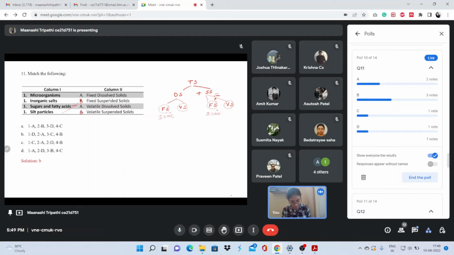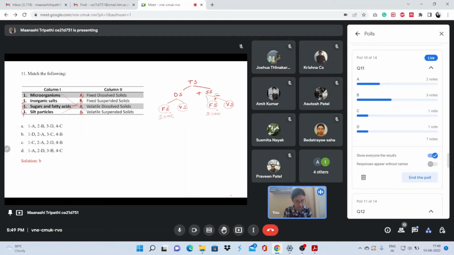There it's 2, 3, 4, A, B, C, D. Microorganisms, yes, you cannot see them with your naked eyes, but when they are large in number in water, you can clearly see the yellow tint or the green tint. When you can see the tint, it is always suspended. And when you put the microorganisms at 500 degrees Celsius, they will go away. So that is why microorganisms are volatile suspended solids.